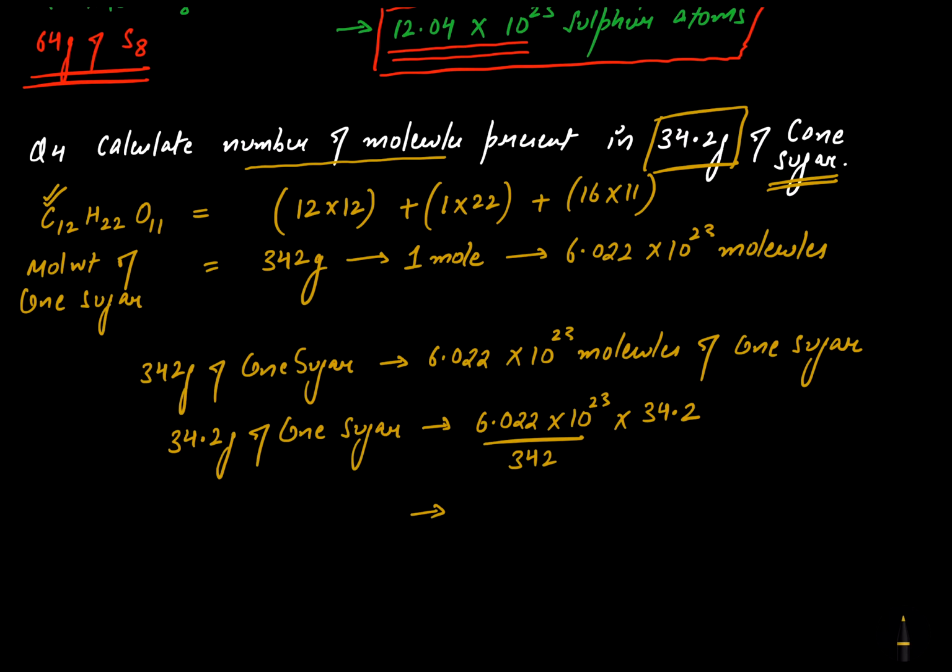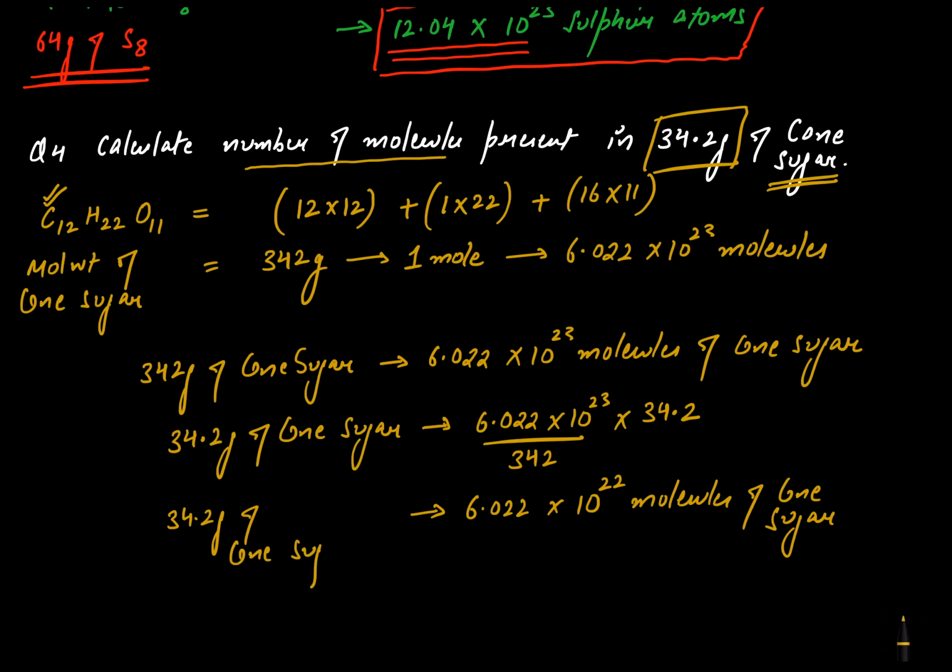Your answer comes out to be 6.022 into 10 raised to the power 22 molecules of cane sugar that are present in 34.2 gram of cane sugar. So I got the number of molecules present in 34.2 gram of cane sugar. Hopefully, my dear students, you got the fourth numerical.